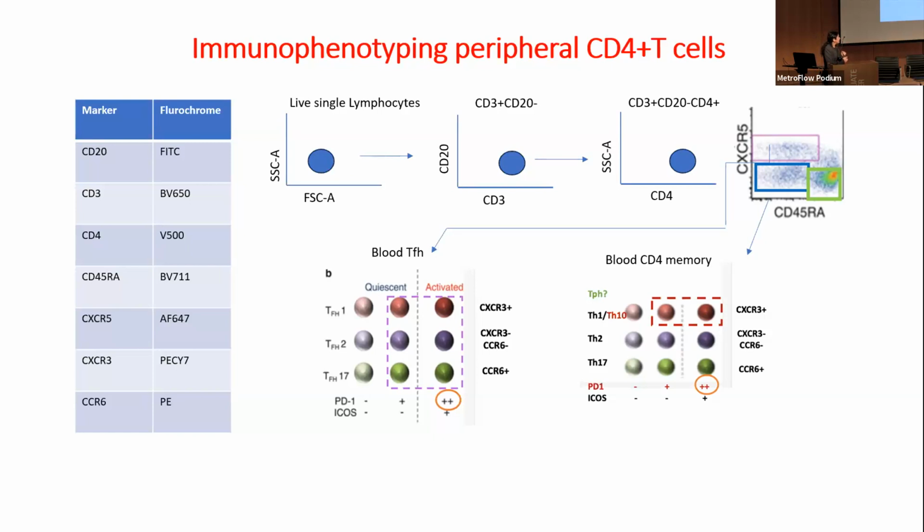CXCR5 positive cells, which are CD45RA negative, are the blood TFH cells that are then classified based on the CXCR3 or CCR6 expression. The ones which are CCR6 positive are the TFH17, like how we generally do for the TH17 cells. And TFH2 are the double negative cells here for CXCR3 and CCR6.